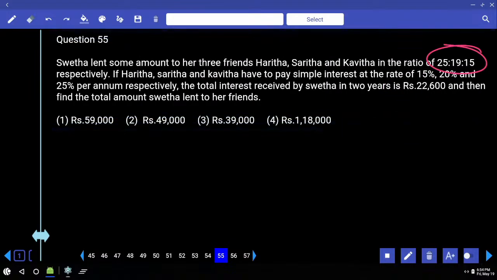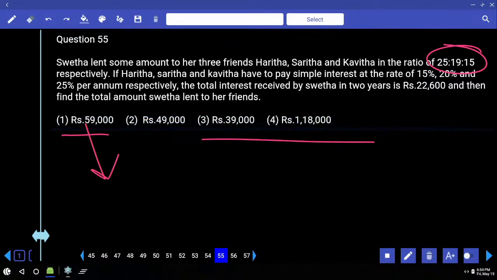The ratio is 25:19:15. Therefore the total parts is equal to 59. So the amount should be a multiple of 59. Only two options are there. For example, if we consider 59,000, what is the maximum interest she is getting from one person? 25% is the maximum.